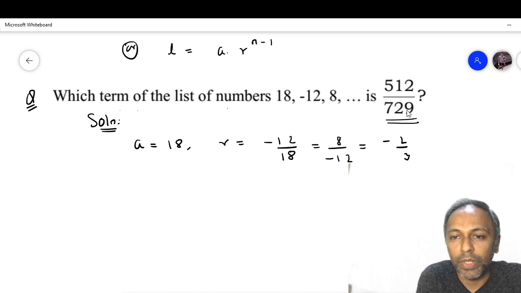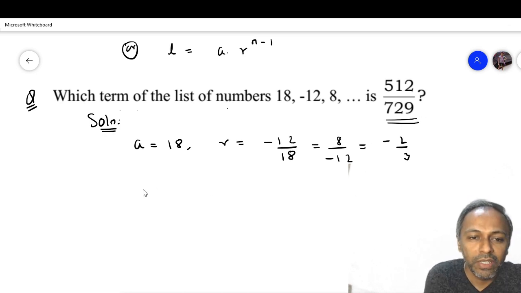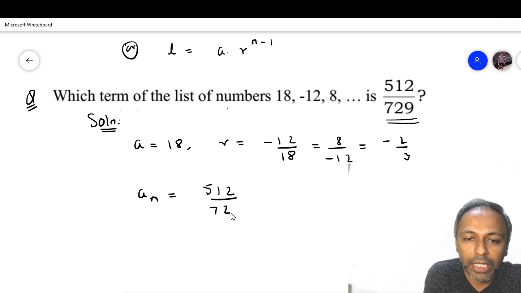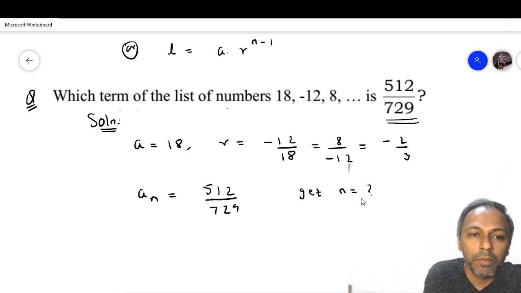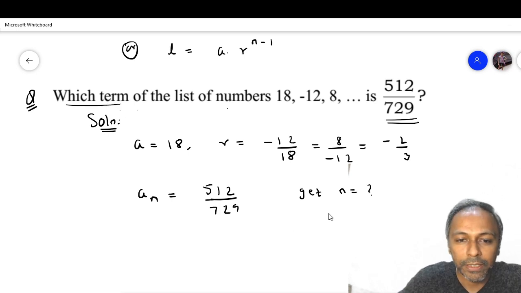So in future you are getting this particular term. They have said an value as 512 upon 729. And what's our work? Our work is to get n, because you want to know which term, which means you have to find out n.